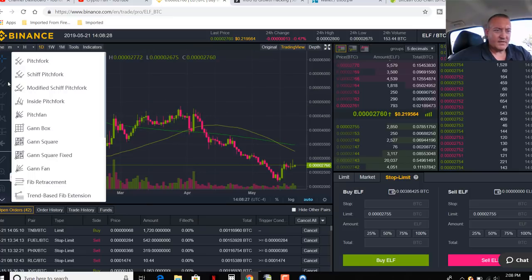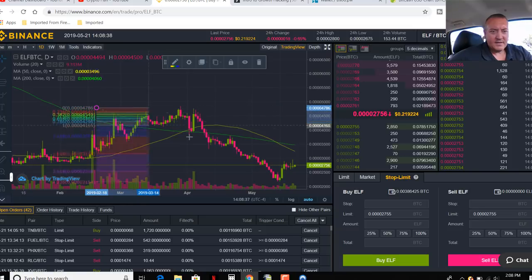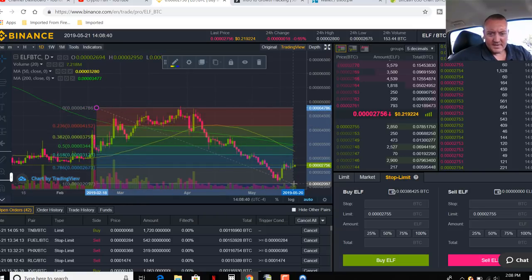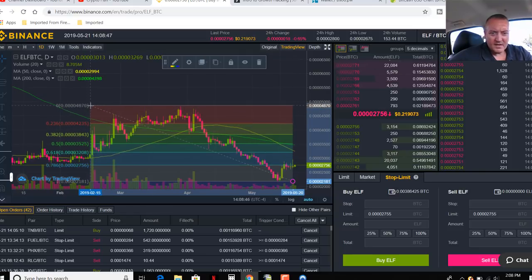So then I would go over to here, fib retracement, try and find where that top is going to be. Go all the way down. Let me see here. It looks like it's pretty close to the bottom. Move that up. So there we go.